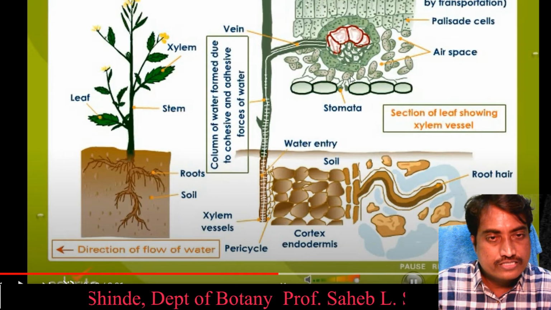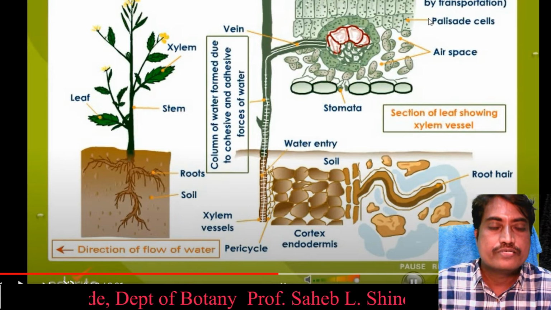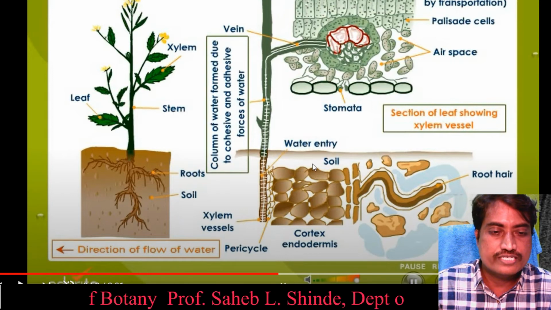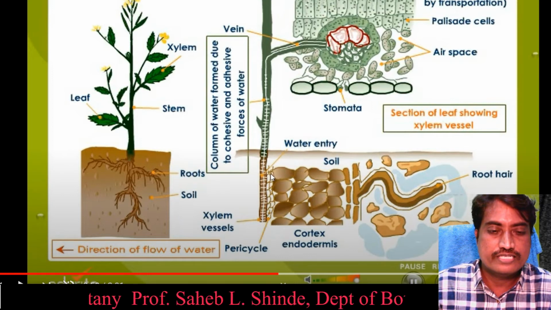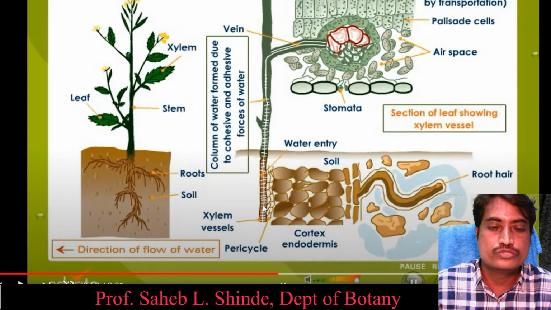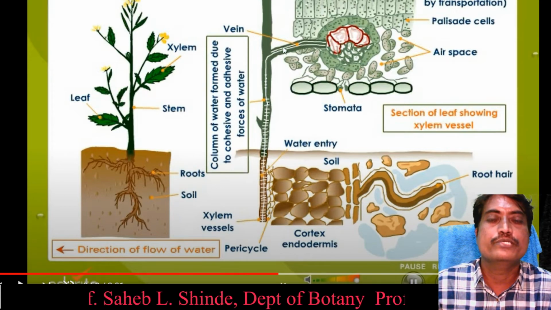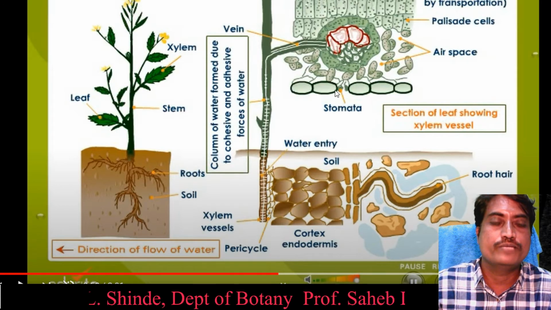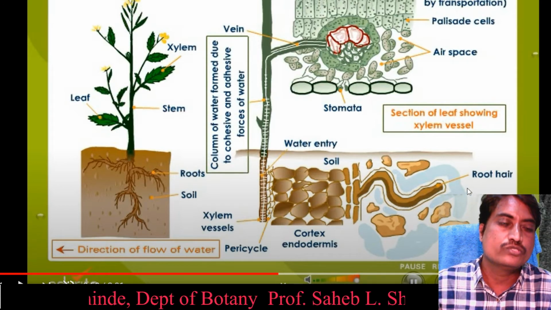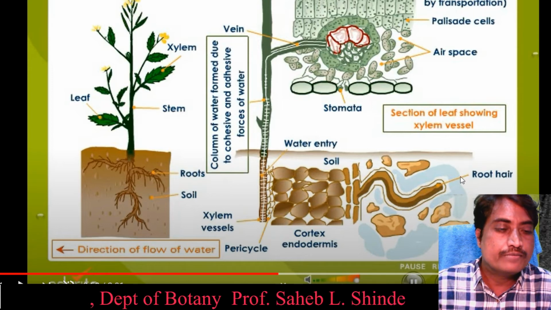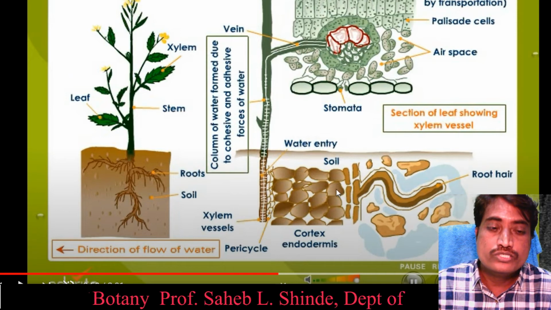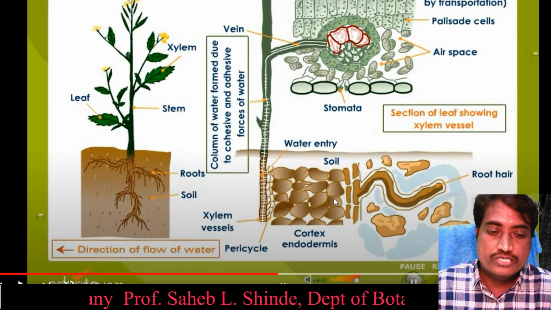This is a leaf and these are the leaf tissues, and this is a root, and the whole diagram shows the root tissue. This is a stem, this is a petiole, and the veins are present in that petiole. This is a stomata. Now see here, firstly the root hairs absorb water from the soil and send that water to the cortical tissue of the root.